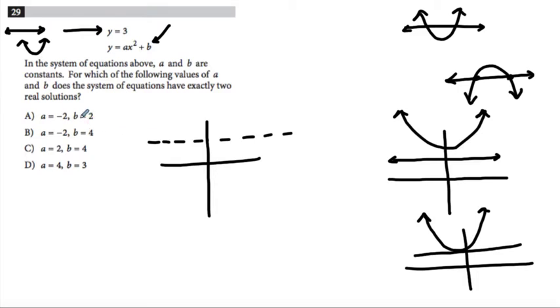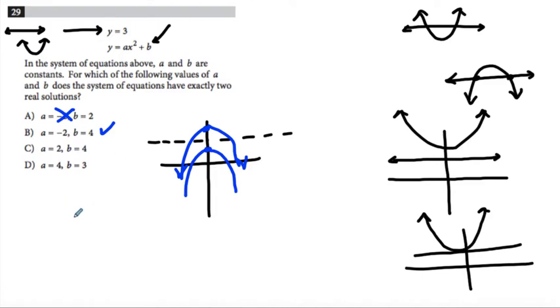And the B is 2, and it's opening down. So the Y-intercept is 2, and it's opening down, and it's going to be like that. So I knew that that couldn't be a solution. B was 4, a positive 4, and opening down. It's going to be like that, and it is going to cross in 2 places. So that's likely my answer.